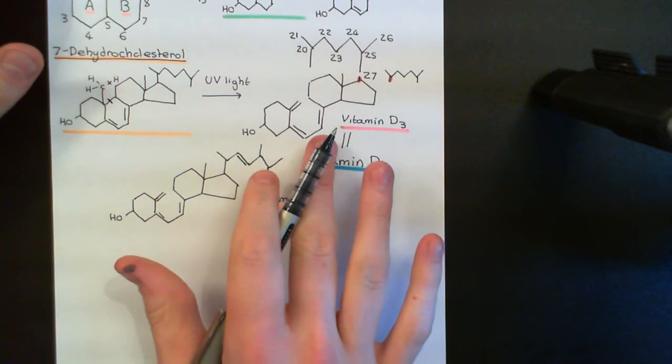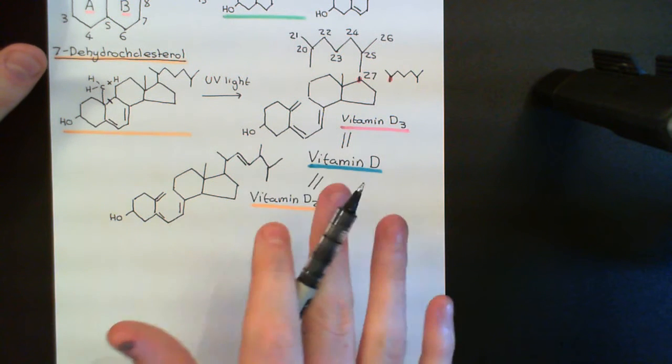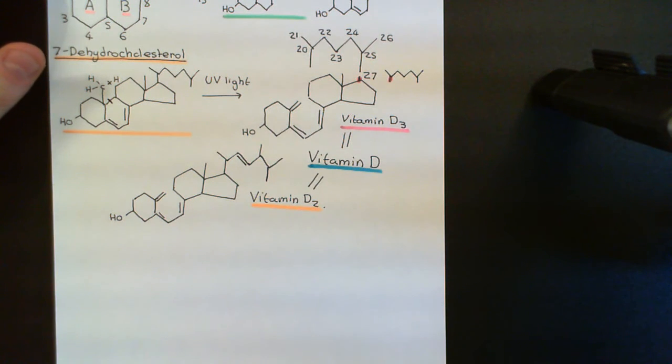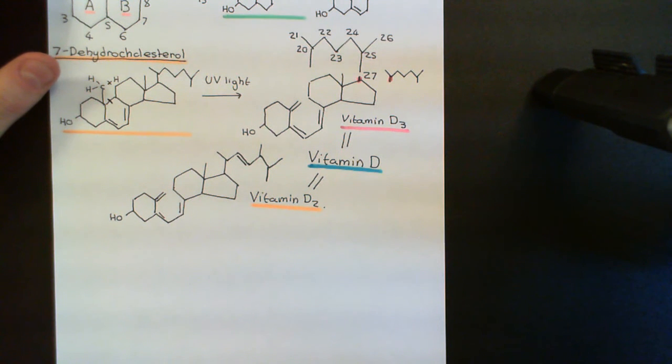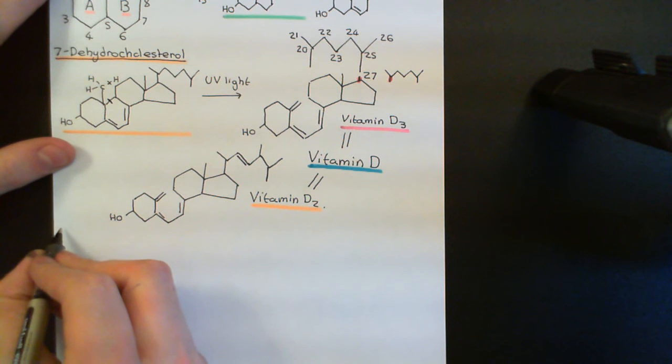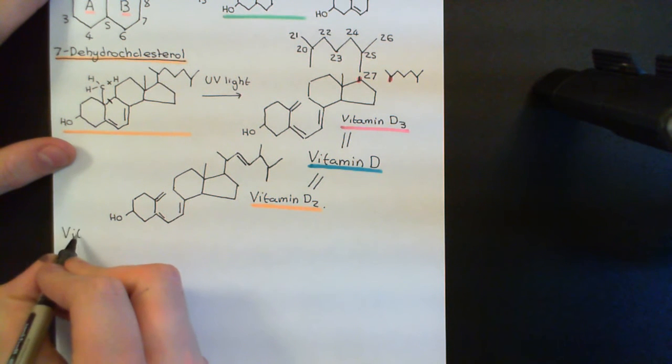So in order to transport these molecules around the bloodstream, we are going to have some protein to bind to them and transport them around the body, and indeed there is such a plasma protein, known as the vitamin D binding protein.